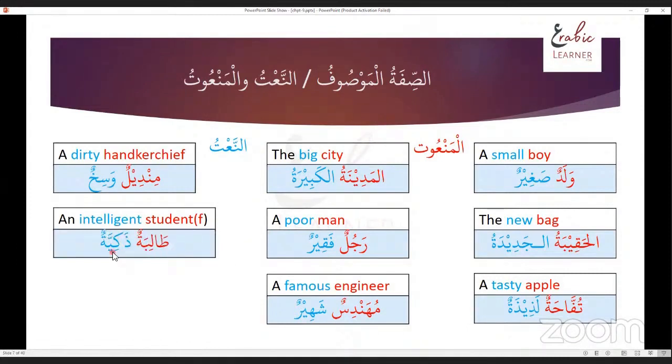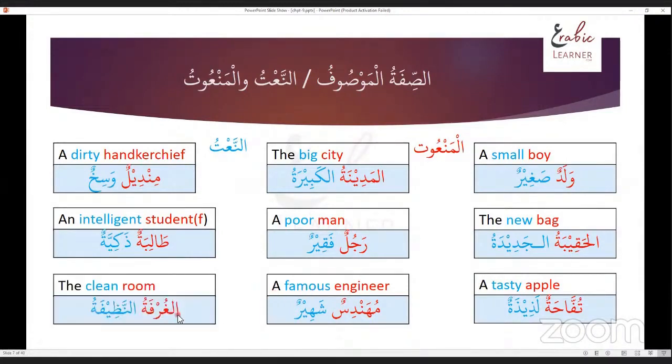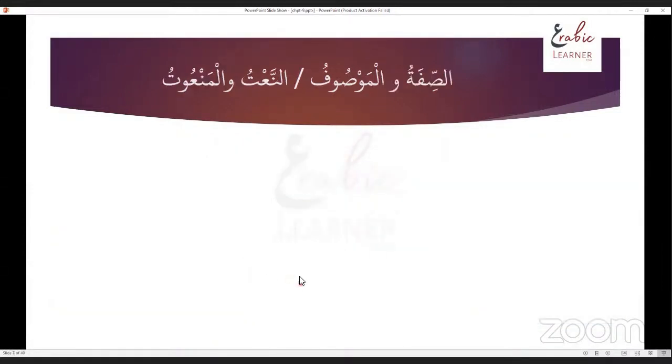Talibatun zakiyatun. The clean room. Al-ghurfatu nadhifatu. Okay. Now these are the examples of Naat wal Manuut.